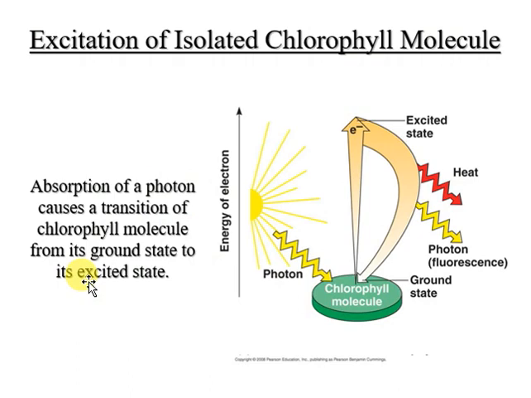Now, when your electron goes from ground state to this excited state following the absorption of a photon of light, it is very unstable. So the electron won't stay there for long.